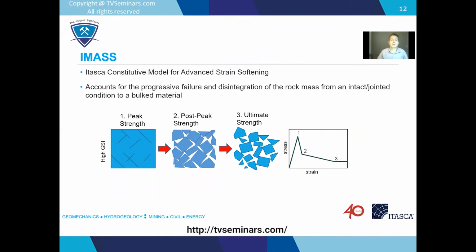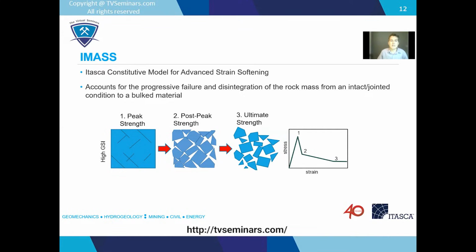This is just a more complicated constitutive model that we've recently come up with to try and consider the evolution of rock behavior from starting to fail, to actually failed, and then in the third case, actually breaking apart into some sort of aggregate, a bunch of pieces, and then you get a much more interesting bulking type behavior here.